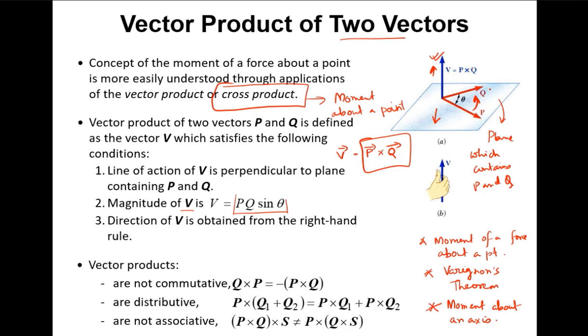Now if I find out Q cross P, then the curl of my fingers will point from Q towards P, and obviously in that case my thumb will point in the downward direction, right? So this is how we find out the direction of the vector V equal to P cross Q. Now vector products are not commutative, but they are distributive, and they are also not associative.